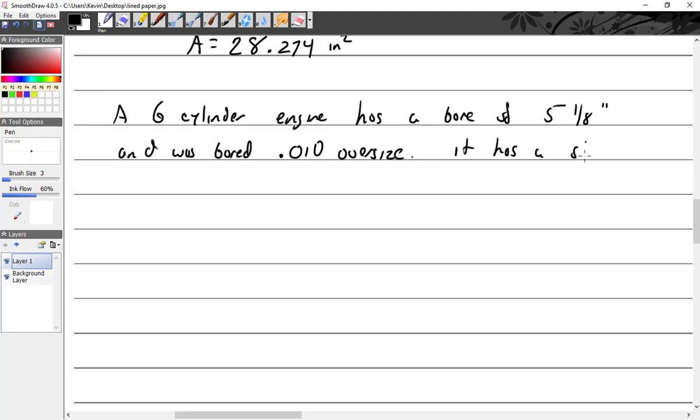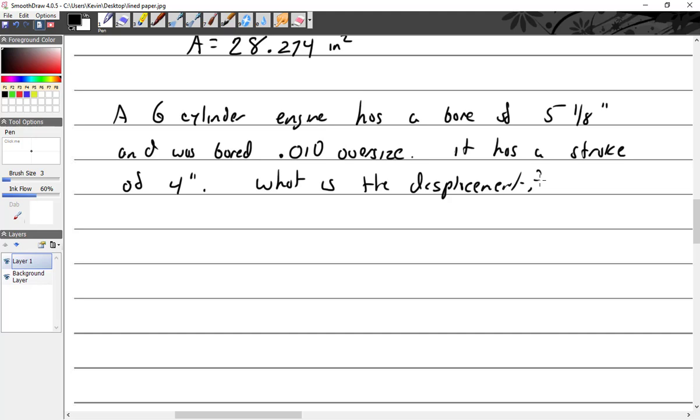It has a stroke of 4 inches. What is the displacement?